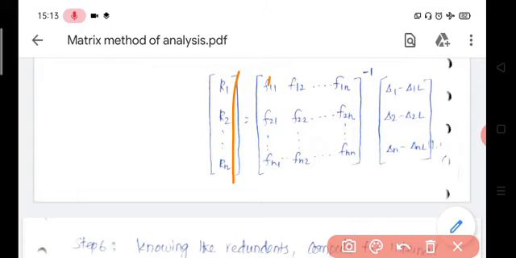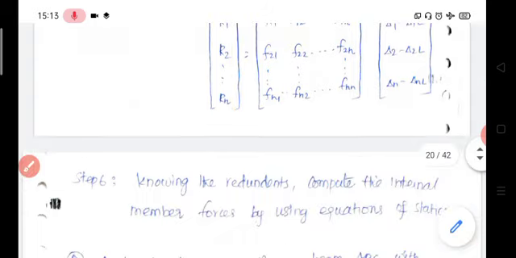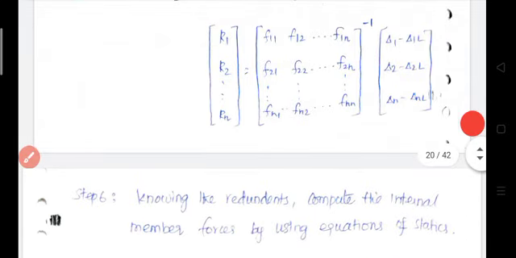From that we finally determine the redundant reactions. Then step 6: knowing the redundants, compute the internal member forces by using equations of equilibrium. Just apply the equilibrium equations to determine the other unknown support reactions. Then finally, we draw the shear force and bending moment diagrams.